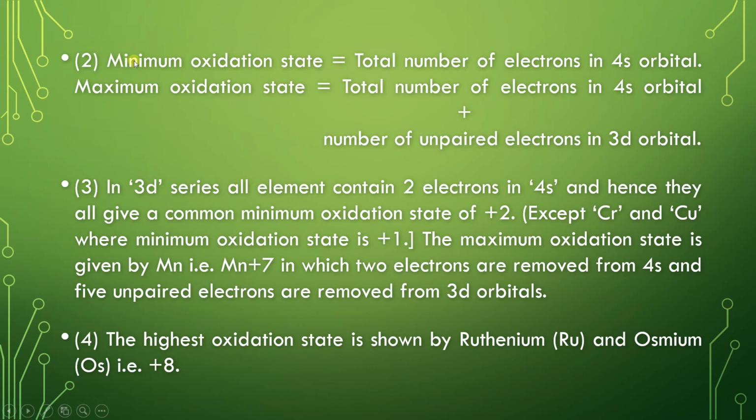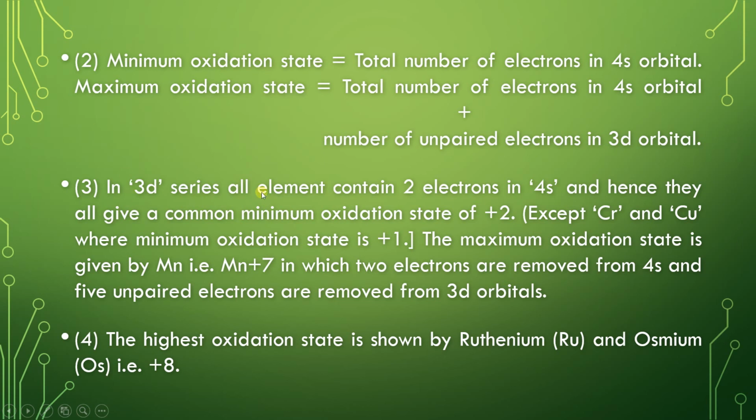Then the next point: minimum oxidation state is equal to the total number of electrons present in the 4s orbital. Maximum oxidation state is equal to the total number of electrons in the 4s orbital plus the number of unpaired electrons in the 3d orbital.